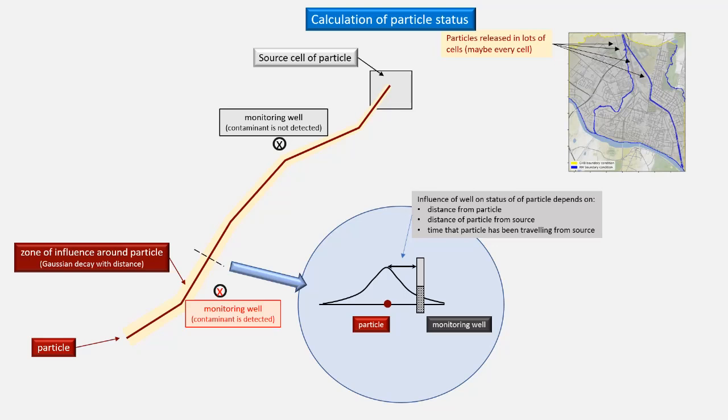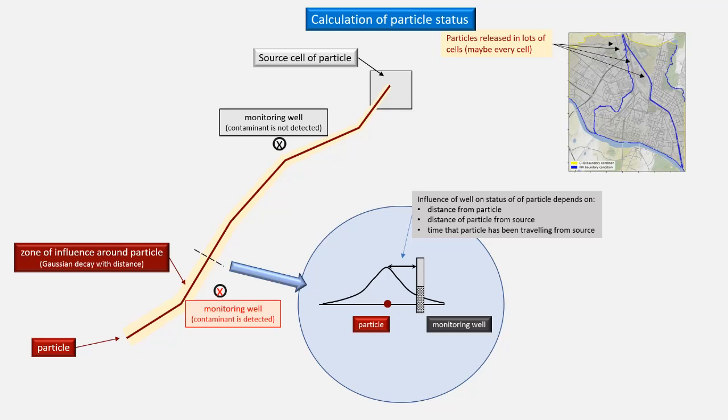So each particle has a trajectory which, depending on the proximity, the distance of closest approach of that trajectory to a detect well, may be awarded a status which we call a detection status. If it passes close to a detect well, its detect status is high. If the particle passes close to a non-detect well, its non-detect status is high.